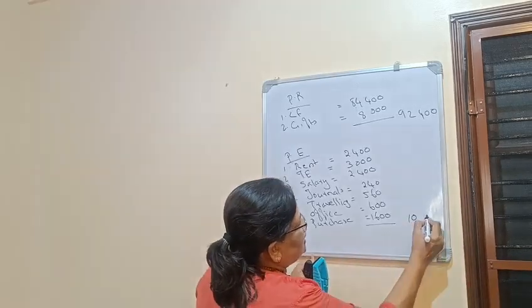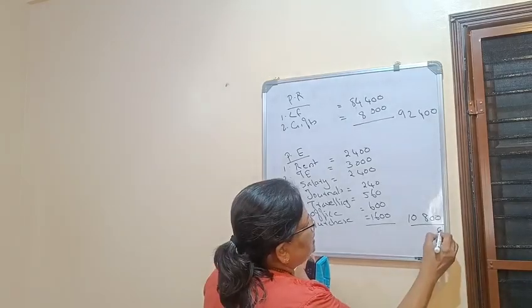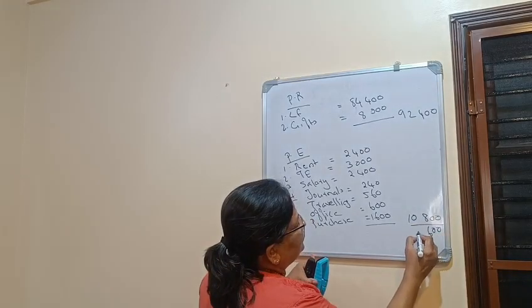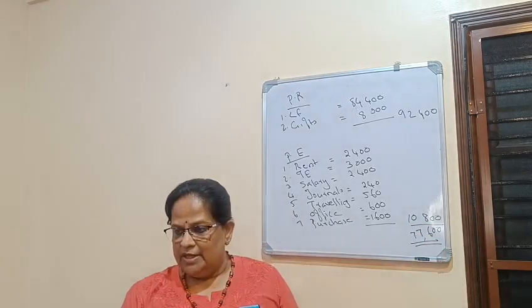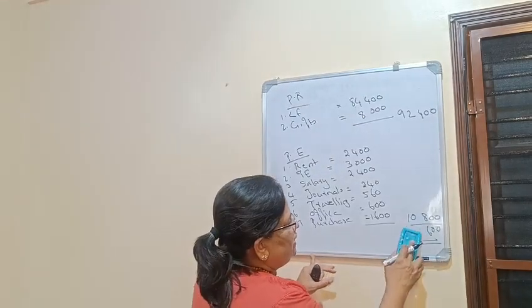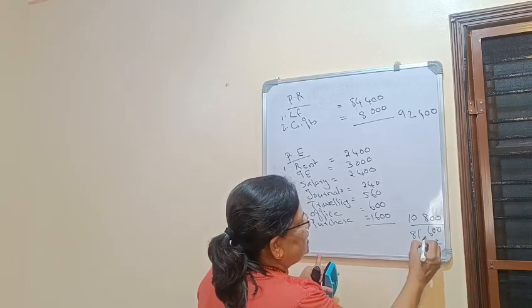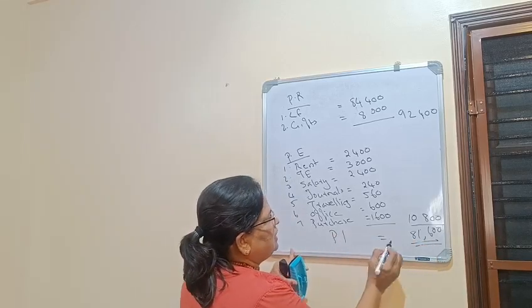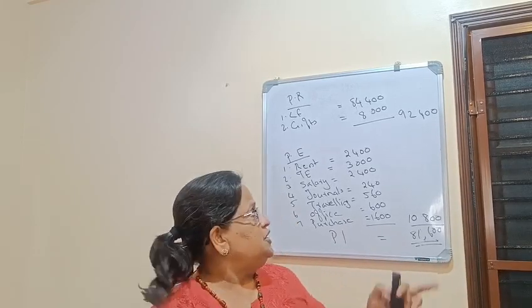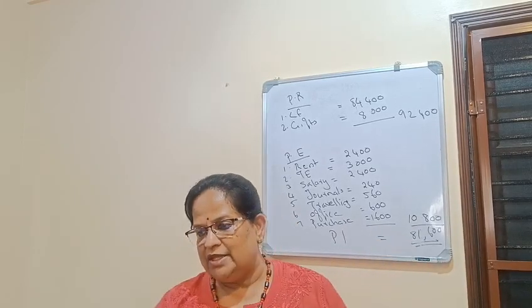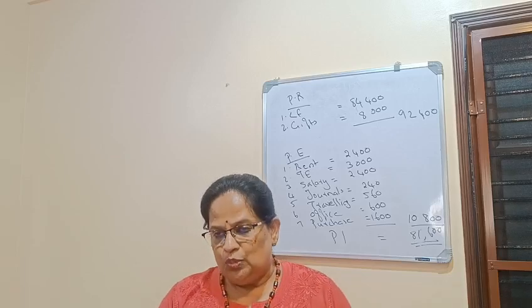So total of this is 10,800. So his professional income is 92,400 minus 10,800, that is 81,600, the professional income of the lawyer.